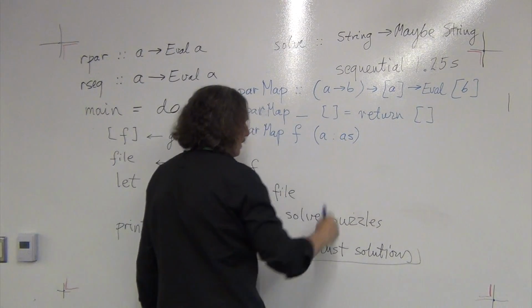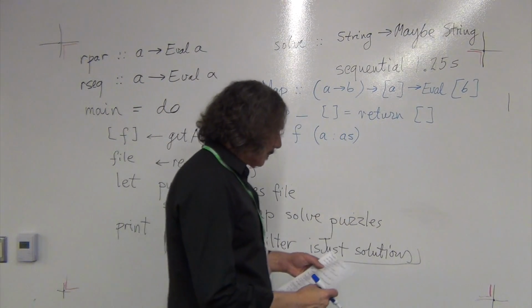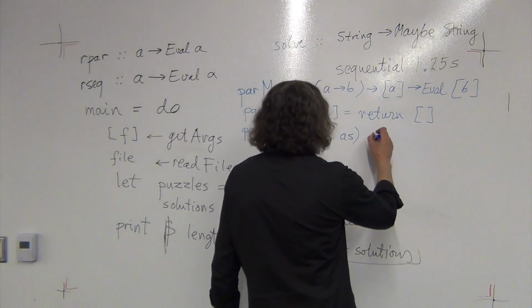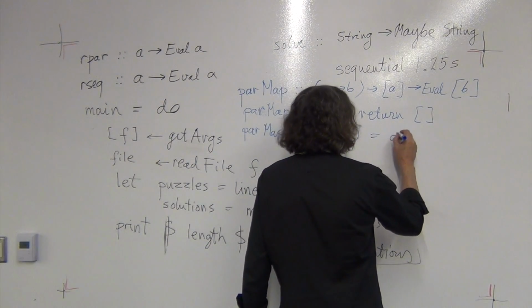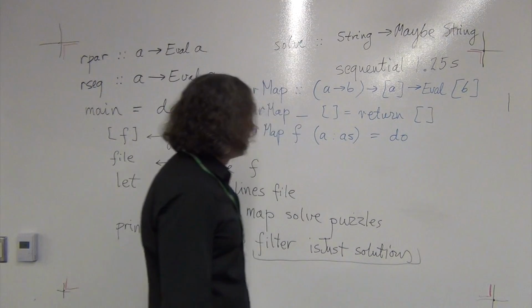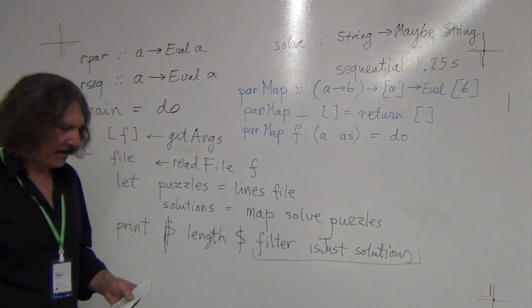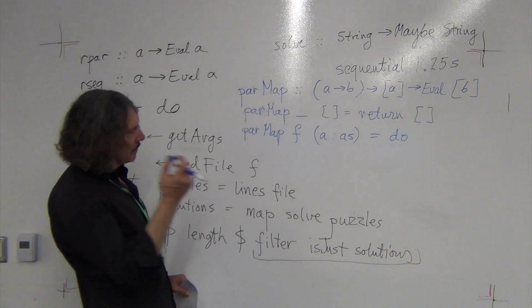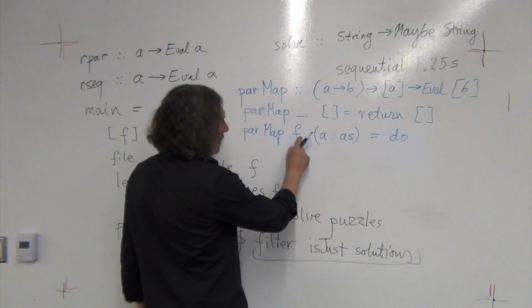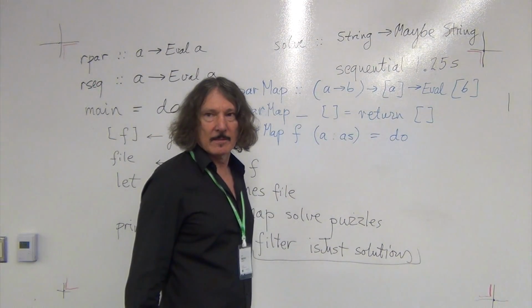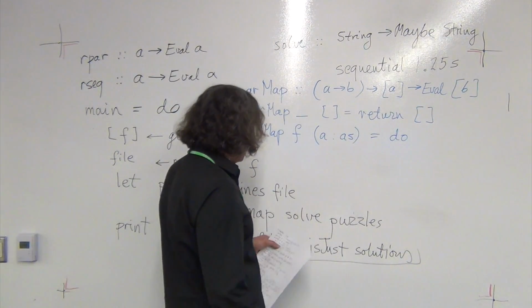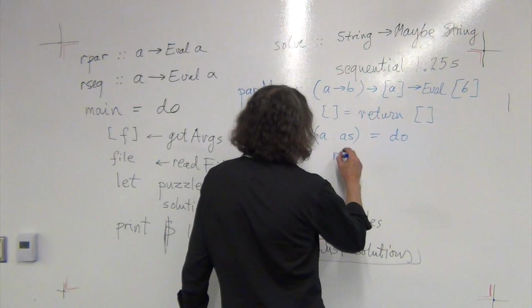Head, tail. And we are doing some monadic calculations, so we'll start with do. Right? And inside this do, well, we have to do two things. Spark f acting on a, on the head. Okay? So we'll just call rpar on f a.